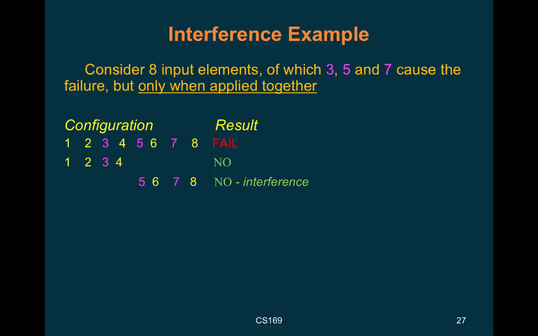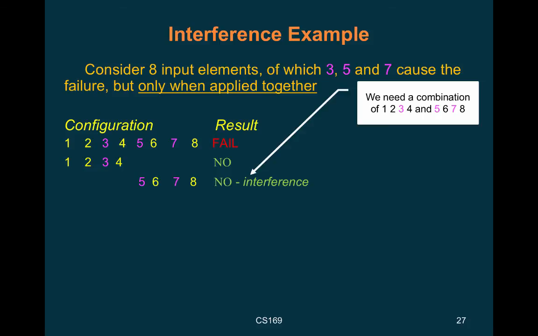Take the second half, it's not going to crash because 3 is missing. At this point, you know that you need something from the first 4, and something from the second 4. You don't even know that the MRI is of size 3 or 4 or 2. So this situation is called interference, when you get lack of failure on both halves. So we need a combination.